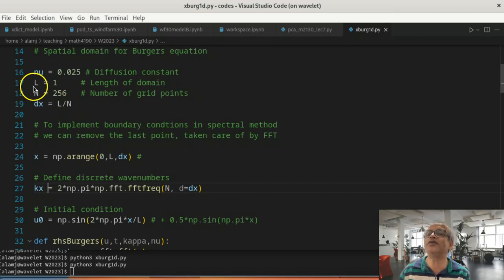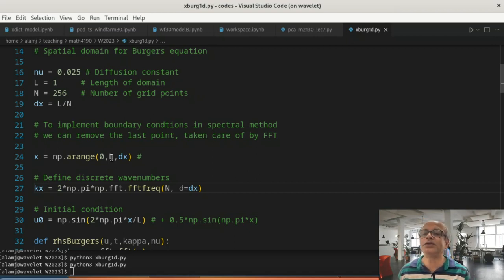So instead of going from 0 to 1, I will go from 0 to L minus delta x, and this numpy routine arange from 0 to L with a step of delta x starts from 0 and does not take the last point. So that's a simple way to remove the last grid point.